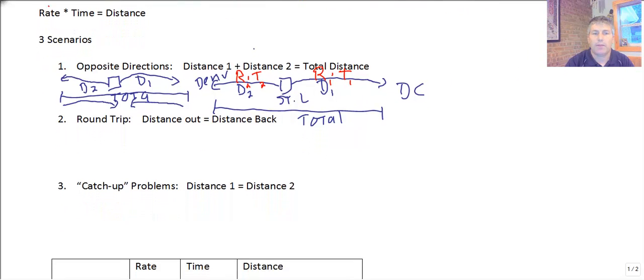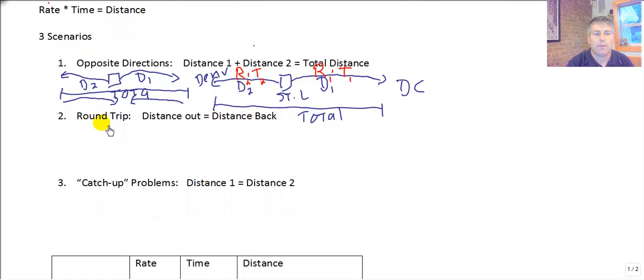The other possibility is round trip. Okay, round trip is out and back. So in a round trip, we'll start somewhere, we'll go out, and then we'll come back. Well, the distance out is equal to the distance back. It's like you traveling to school. As long as you take the same route to school as you take back home, that's a round trip.